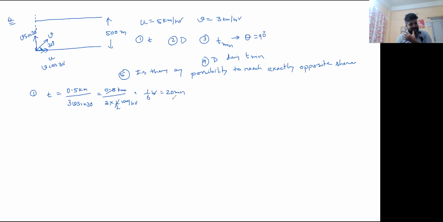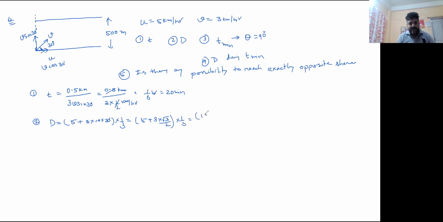Now the second part of the question is to find D during that time. So D is U, that is 5 kilometer per hour, plus V cos 30, that is 3 into √3/2, and time is 1/3. So 5 plus 3√3/2, into 1/3.